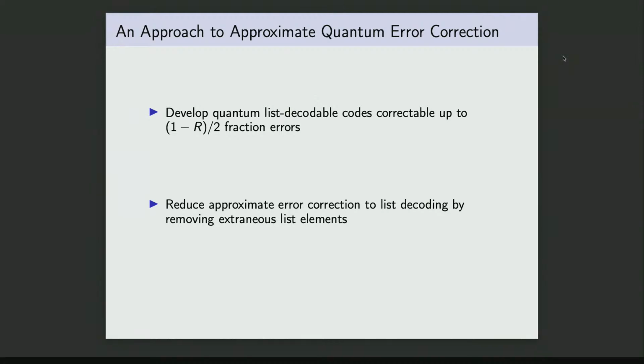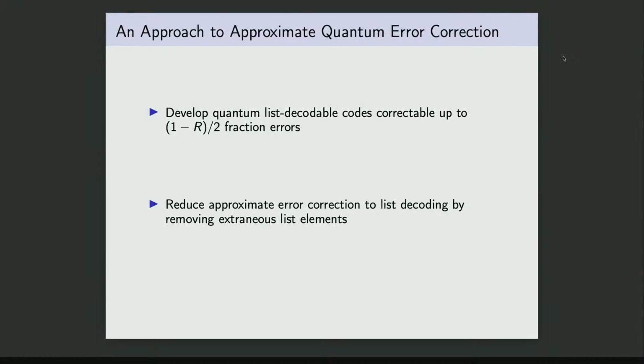So this suggests a possible approach to approximate quantum error correction approaching the singleton bound. The idea is if we could first somehow develop some notion of quantum list decoding, which is correctable up to 1 minus r over 2 fraction errors, so up to this quantum singleton bound, then we've kind of gotten halfway there.